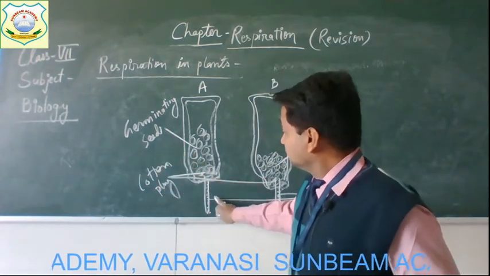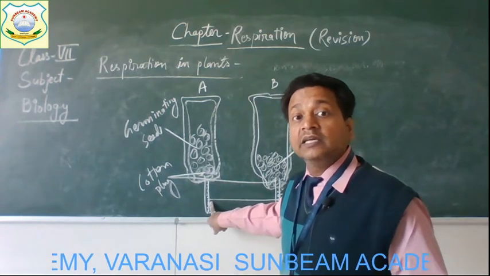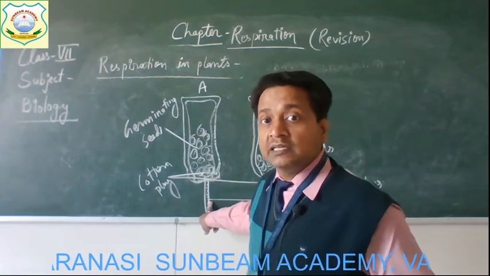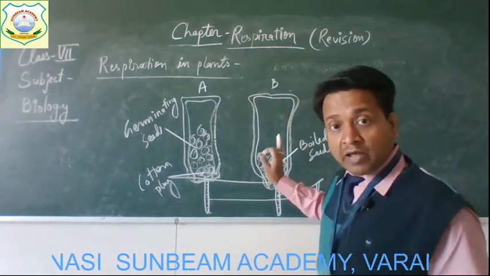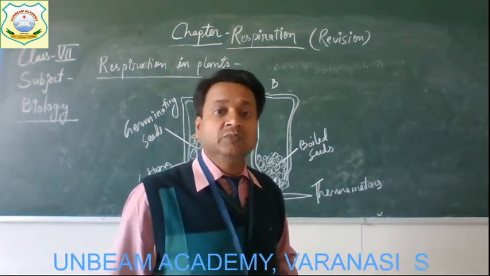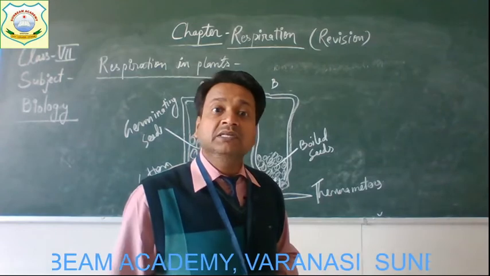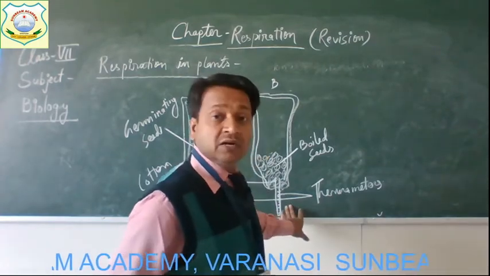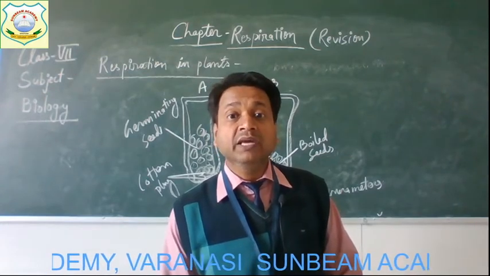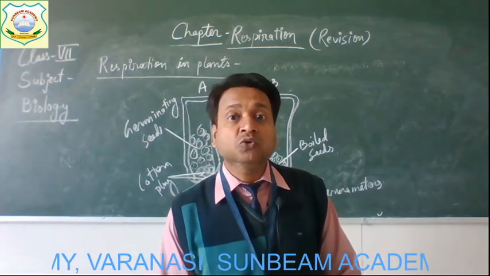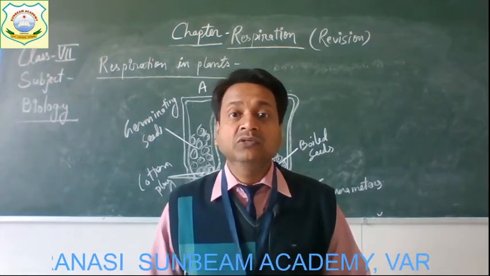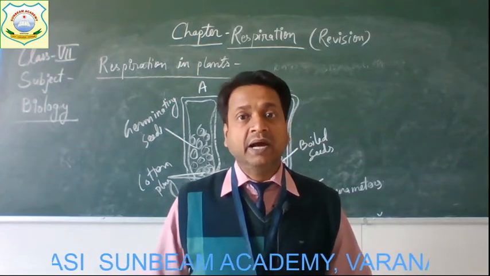As a result, the heat is absorbed in the thermometer and the temperature increases. In thermoflask B, the seeds are boiled, so the boiled seeds will not respire, and as a result, the temperature is not increased in the thermometer of flask B. Get it? So these are some of the activities by which you can show that heat as well as carbon dioxide is given out during respiration in plants.